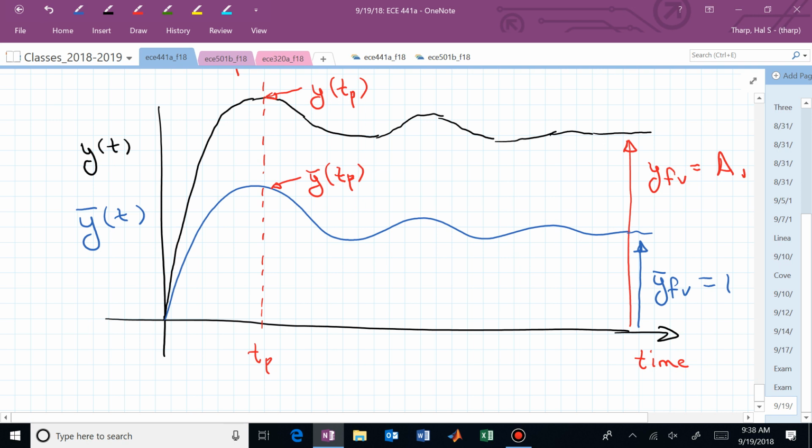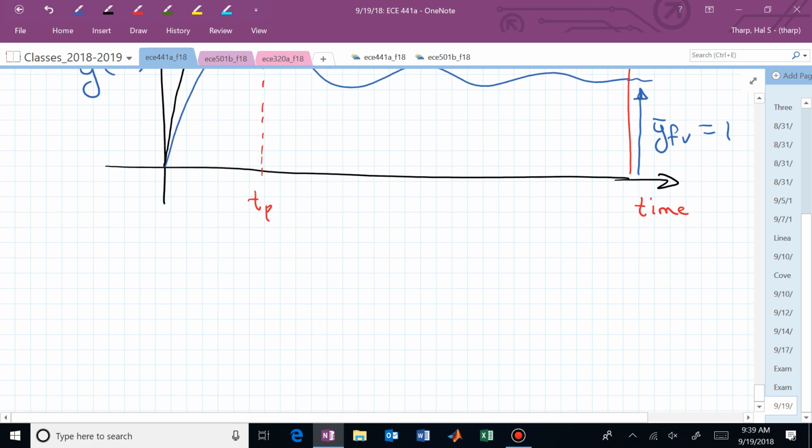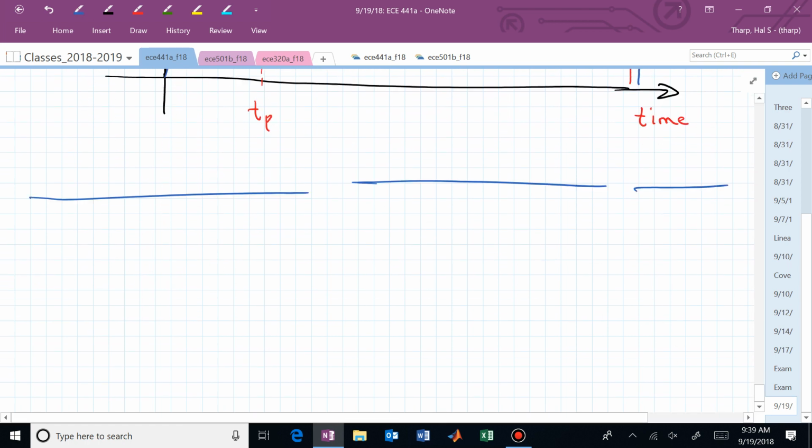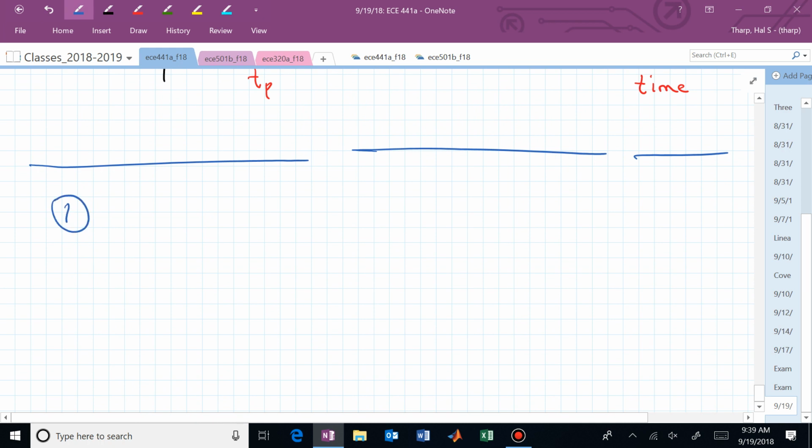But before that, we're just going to use y bar to find zeta and time to peak, and omega sub d. Here's the derivation. Let's now find the t sub p, the time to peak, and the omega sub d relationship.